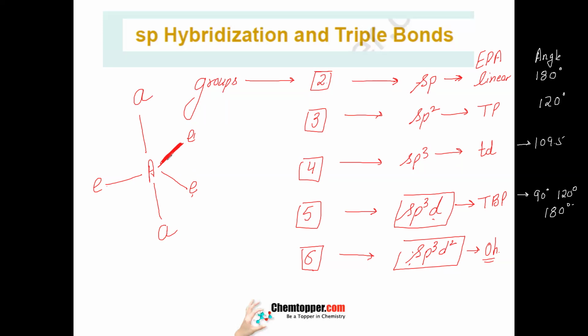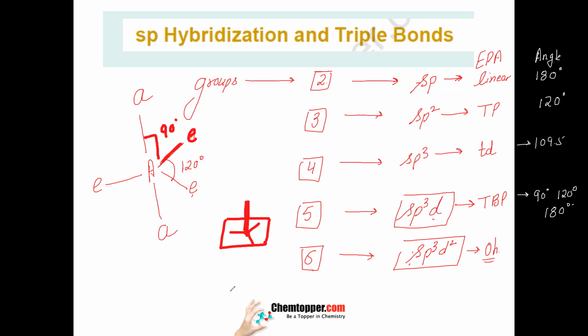If you remember, we were discussing that equatorials are 120 degree with each other, and axials make an angle of 90 degree with three equatorials. It's like you take your notebook, draw a trigonal planar on it, and put your pencil on the top like this.